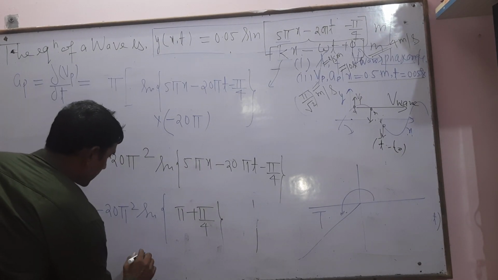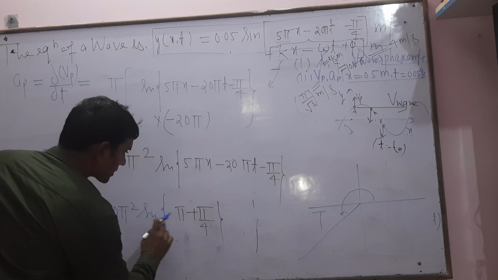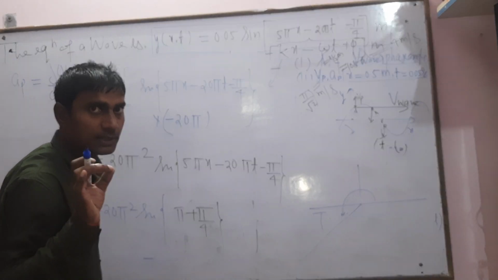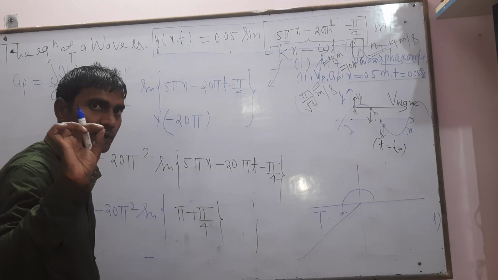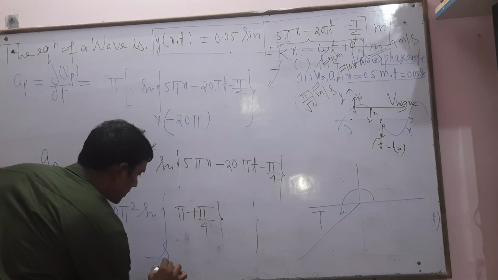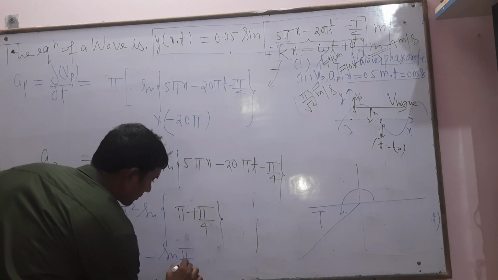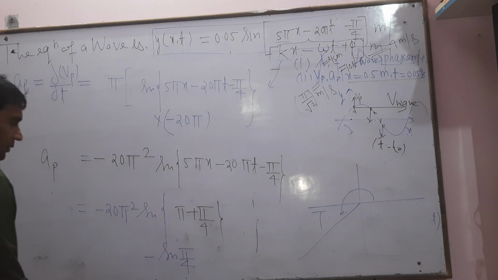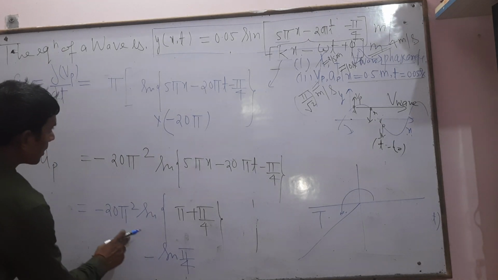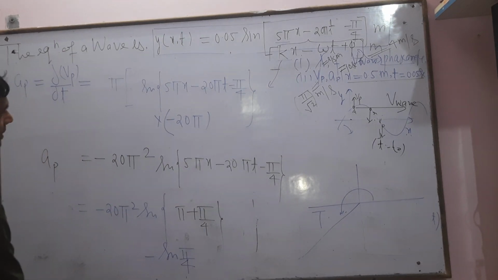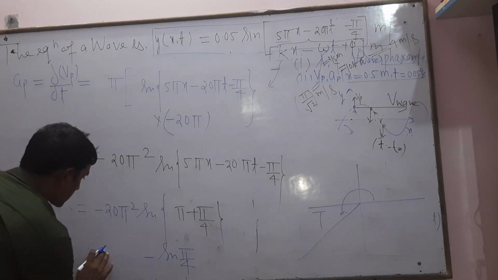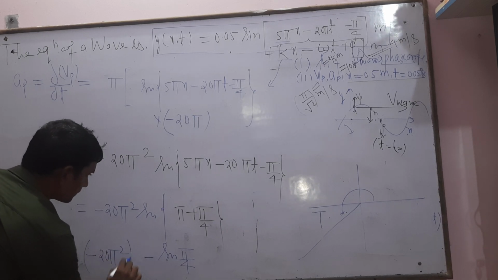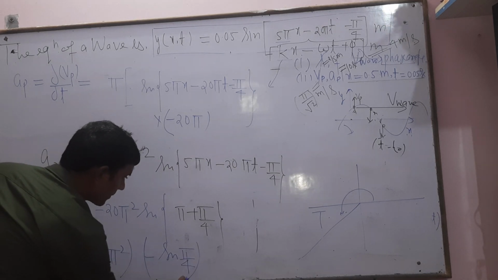So that number equals minus. For sin(180 plus theta), the sin is given so it cannot be changed to cos; sin remains, so sin pi by 4, with minus sign. It implies minus 20 into pi square into minus sin pi by 4.